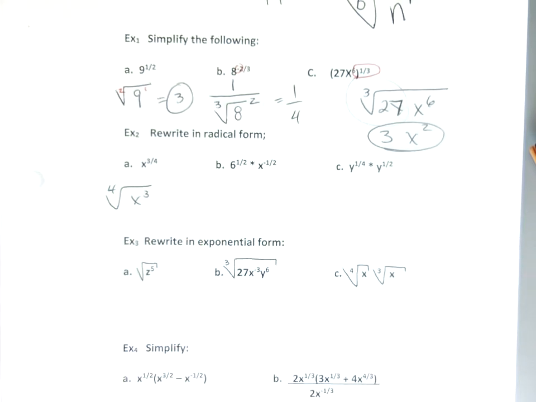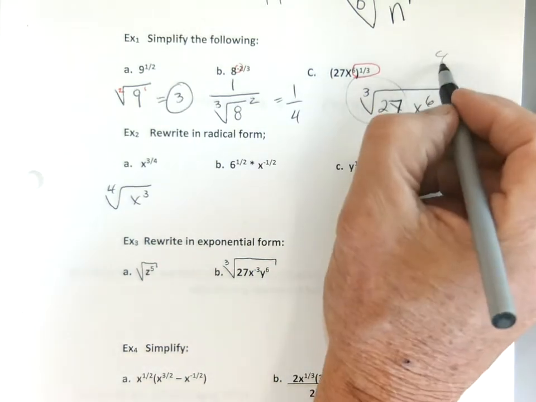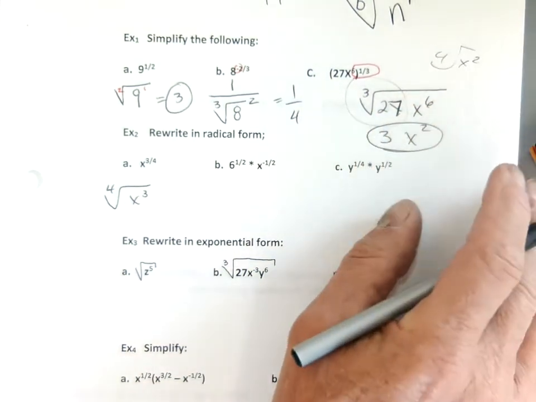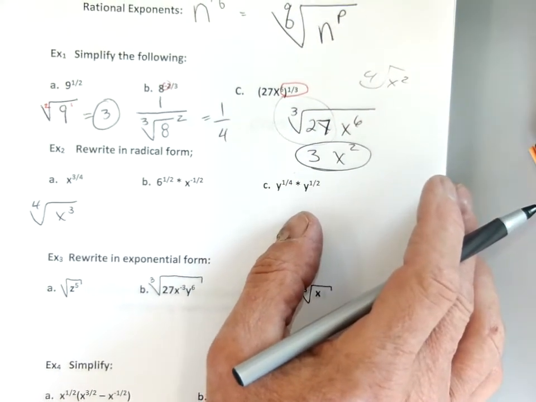That's all. I'm curious, is there any time you can cancel the whatever root you're finding and the exponent? Like, say you were at the 4th root of x squared, is there any way you could cancel the 2 and 4 or something like that?